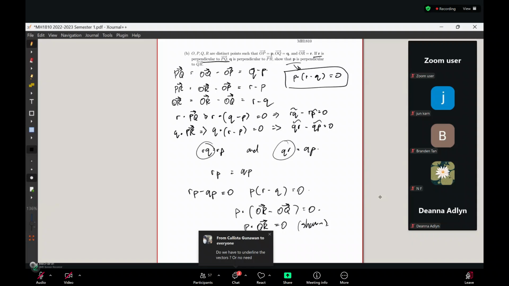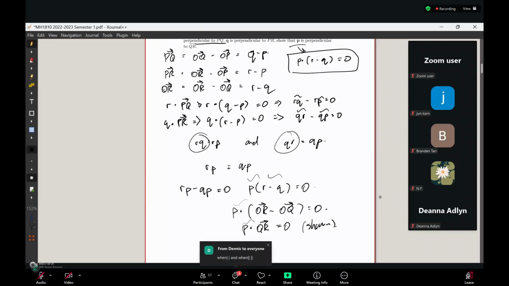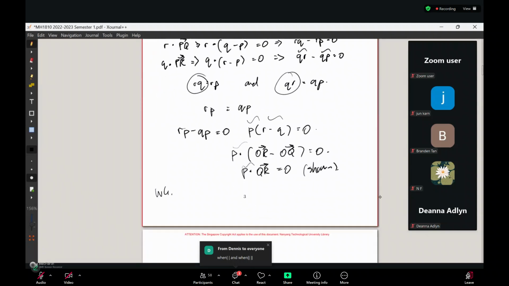Do we have to underline the vectors or is there no need? You should. You can write the curly sign on top, but it depends on the marker, so if you want to play safe, you should write down all the curly signs.